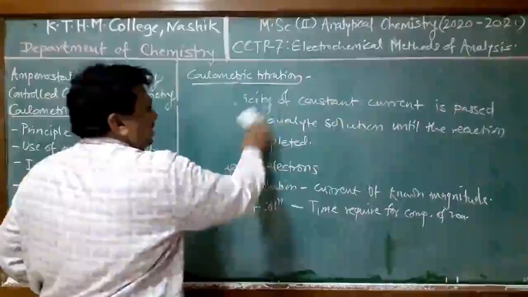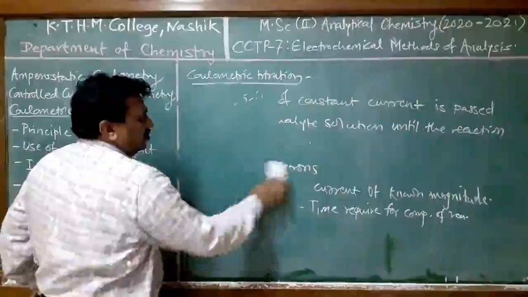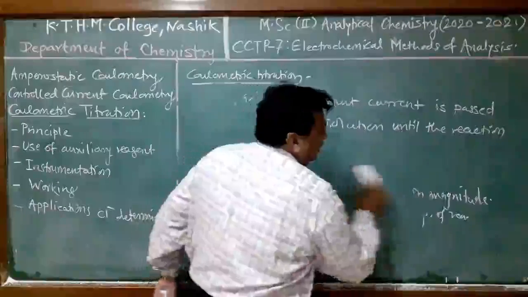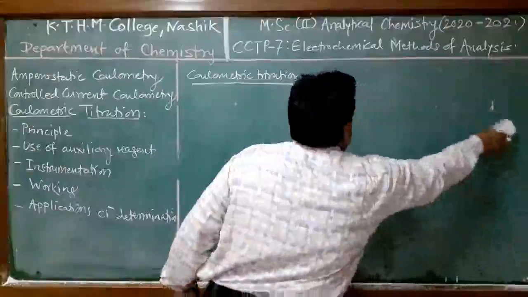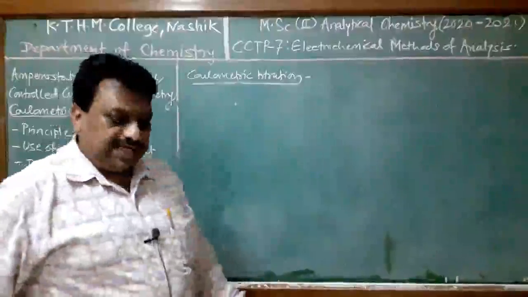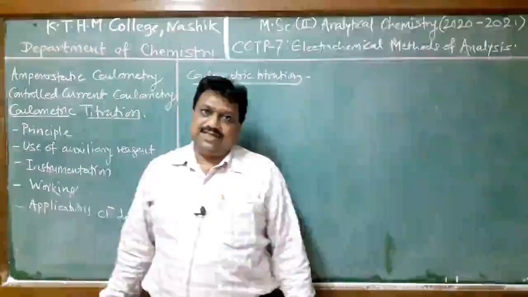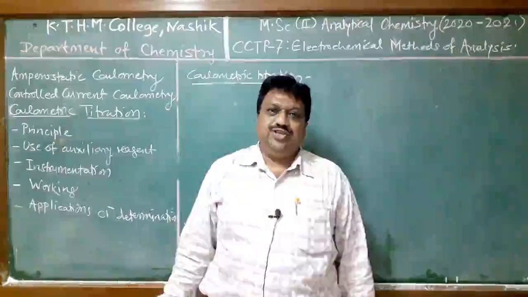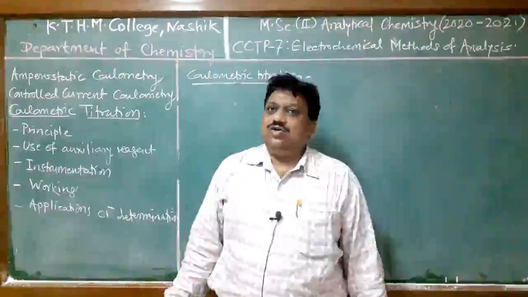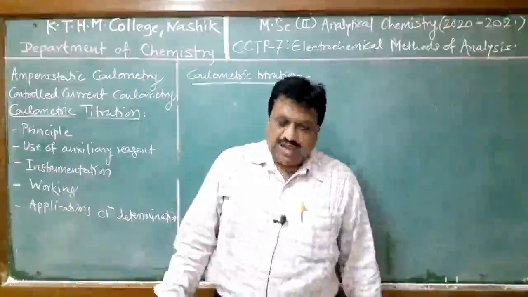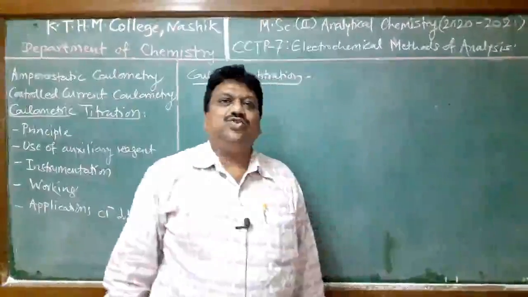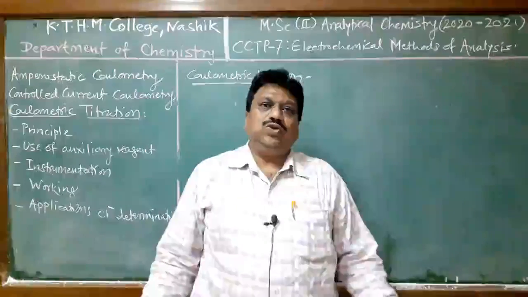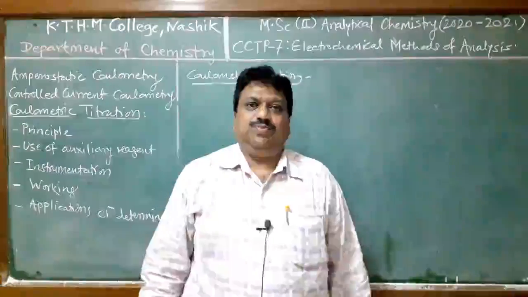Students, now we discuss how this technique actually performs. In both techniques, that is the primary coulometric assay as well as the secondary coulometric assay, or control potential coulometry and control current coulometry, an essential condition is that the reaction should proceed according to a single redox process.